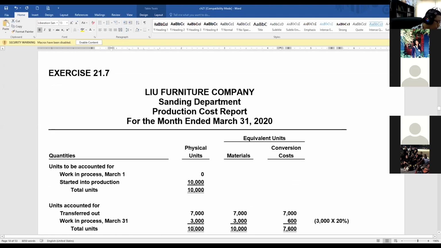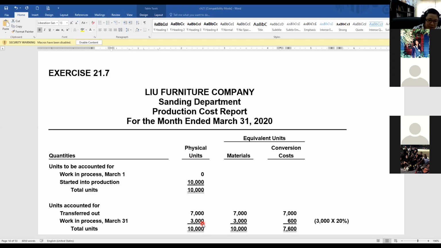I want you to correct in the question: the 3,000 units are not started, they are the ending work in process.